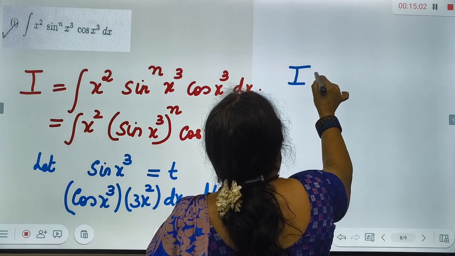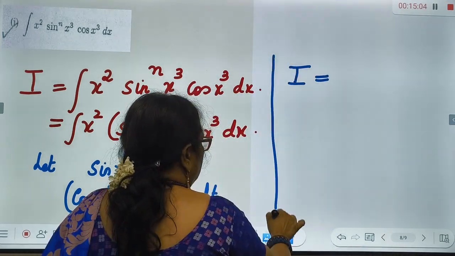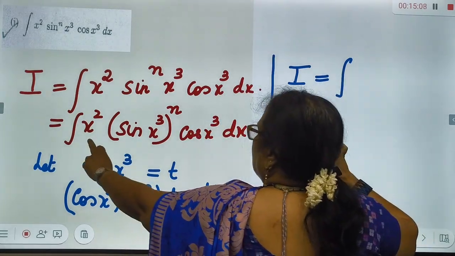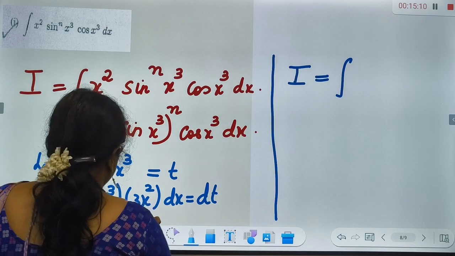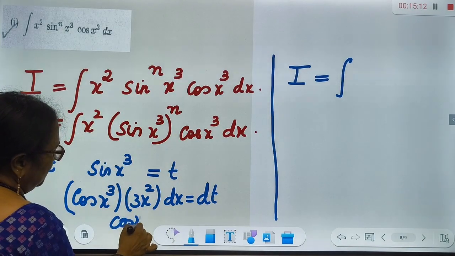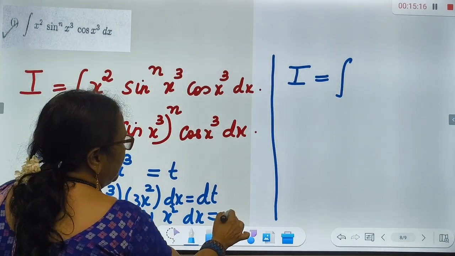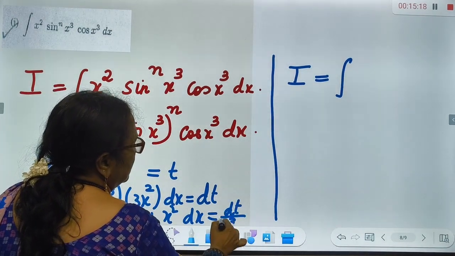So I will be integrating, okay, so what is it, x square dx? So cos of x cube into x square dx will be dt by 3.